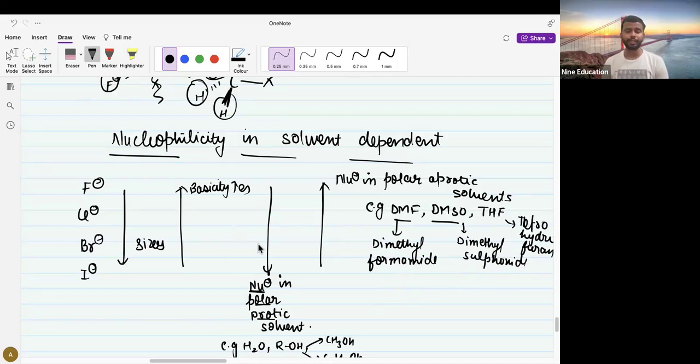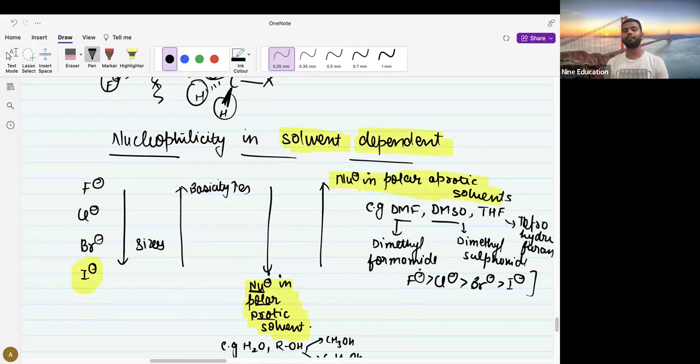So the nucleophilicity order will change; it depends upon solvents. In polar protic solvents, iodine minus will be stronger. But in polar aprotic solvents, fluorine minus will be stronger than chlorine minus, than bromine minus.